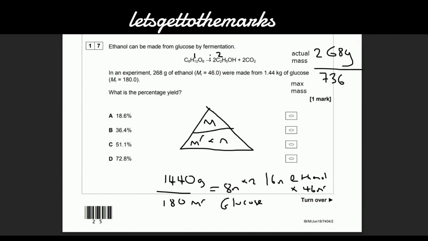Then I want to do 268 over 736 times 100, which equals 36.41. That's the percentage, and that means my answer is B. Okay, let's move on.